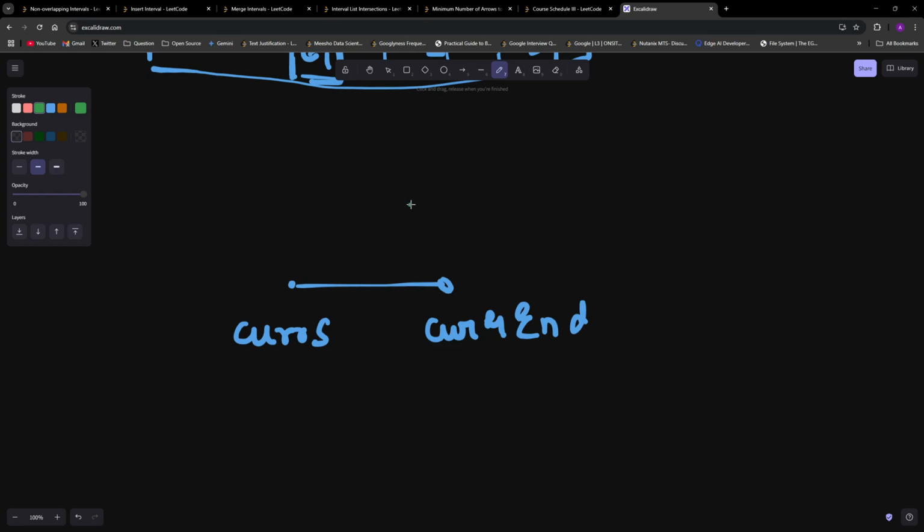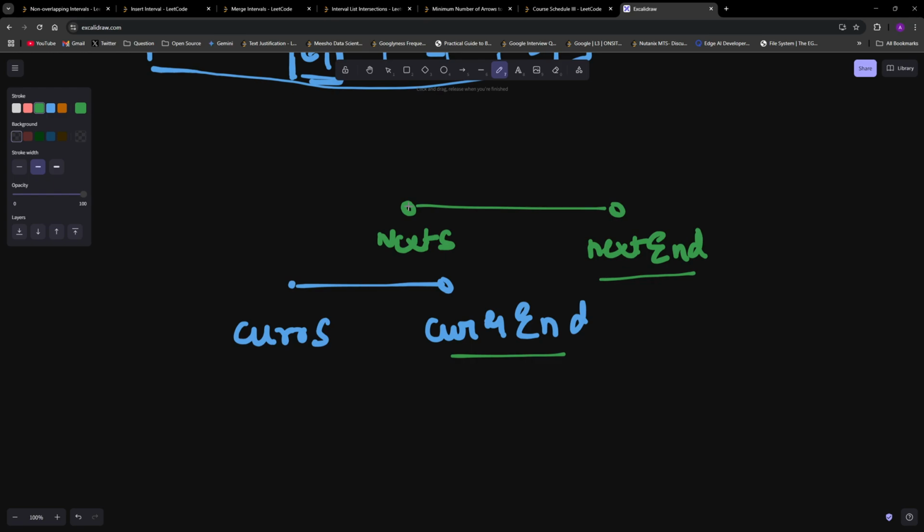Now what can happen? See, this is the next start and this candidate will have the next end. So the strategy we followed over here ensured that the earlier one was getting the interview chance. But what might happen is that overlapping can happen.